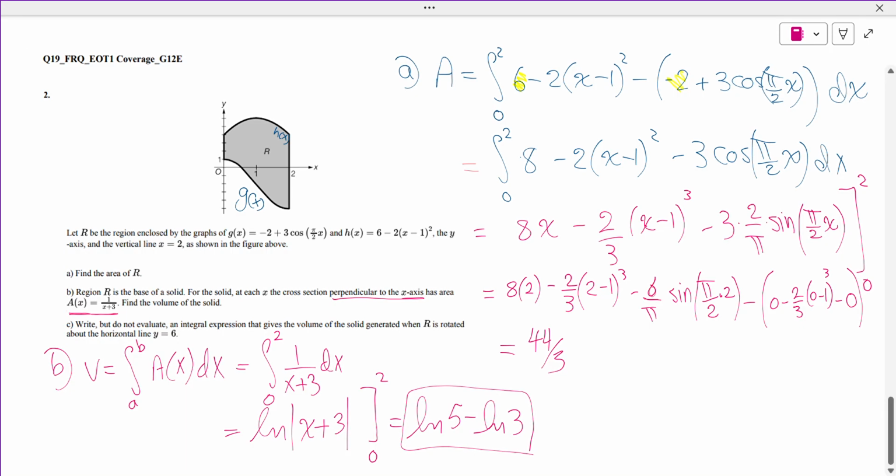Now, the axis of rotation is y equals 6. It's a horizontal line, y equals 6. If you count 1, 2, 3, 4, 5, 6, this is going to be the axis of rotation. So this is y equals 6.